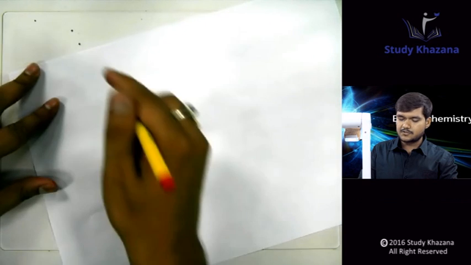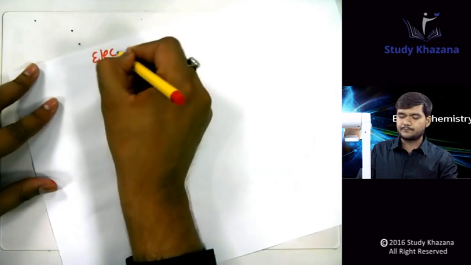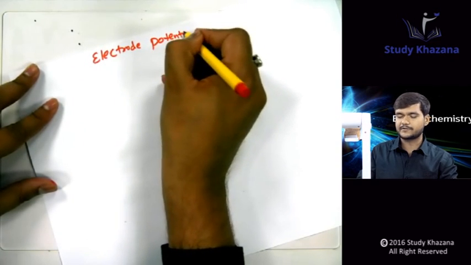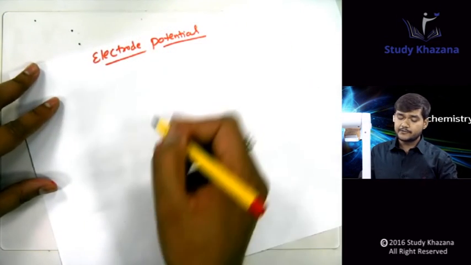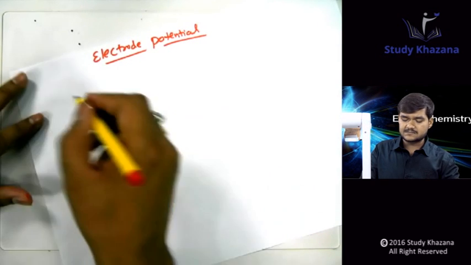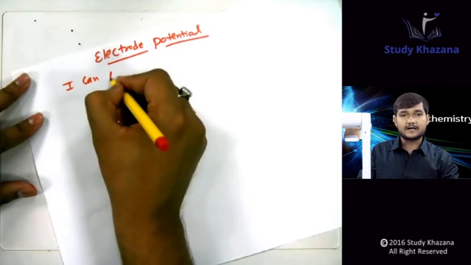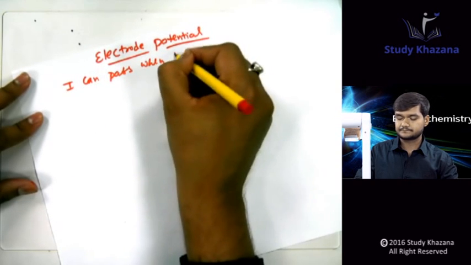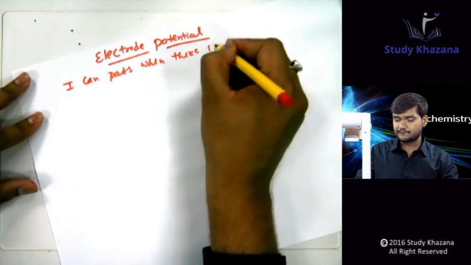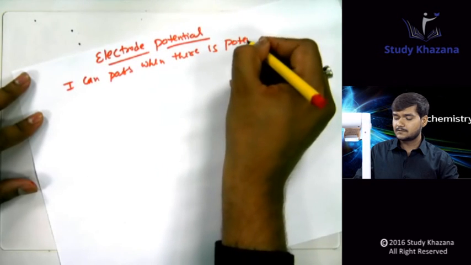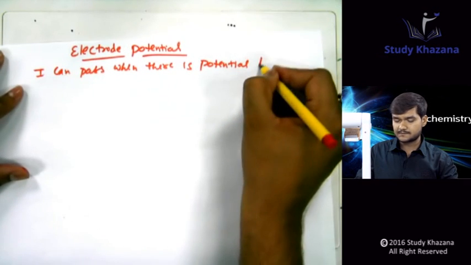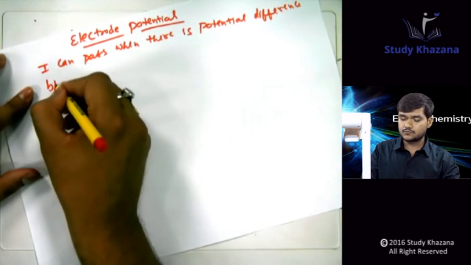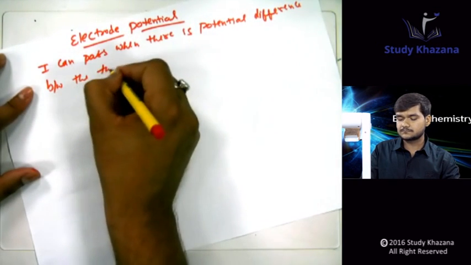Now the next is electrode potential. What is electrode potential? You already know current can pass only when there is a potential difference between the two electrodes.